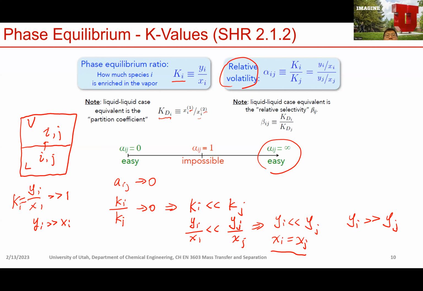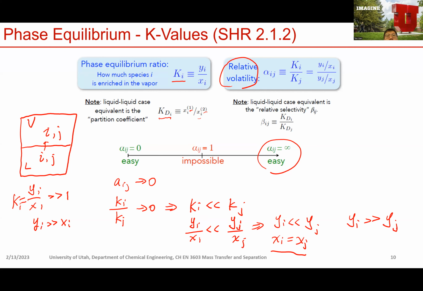And when we have multiple species in one phase, then depending on the relative K-value, which here we define as the relative volatility, that's a ratio of the K-value of species i versus species j, this tells us in a relative sense which one of the two species is more volatile, okay?